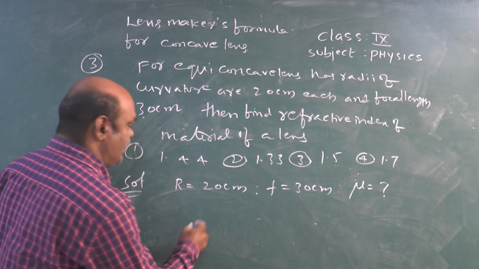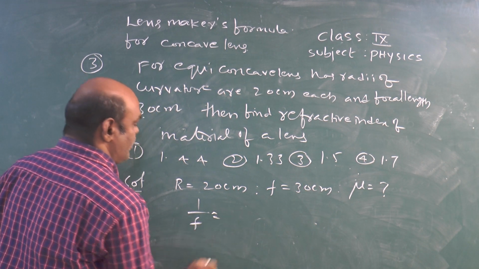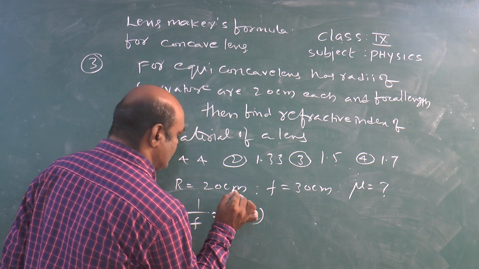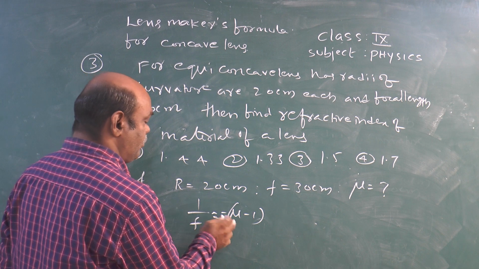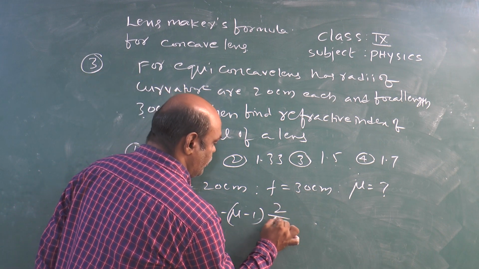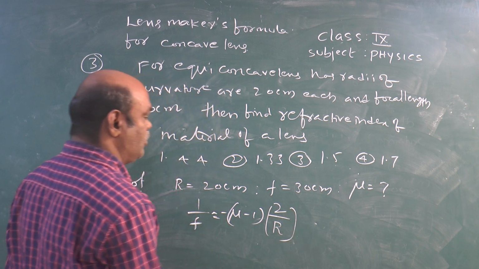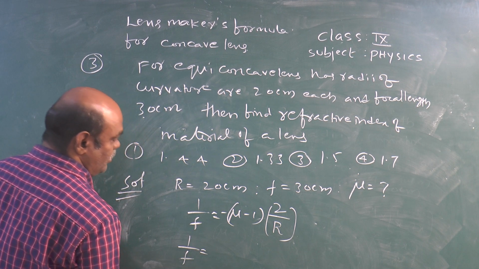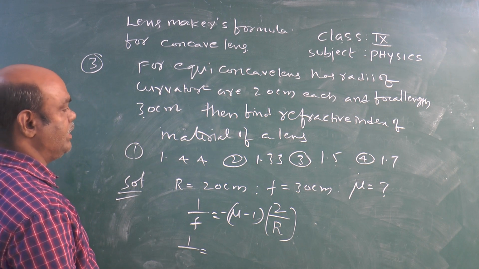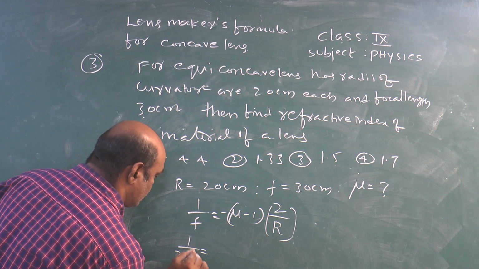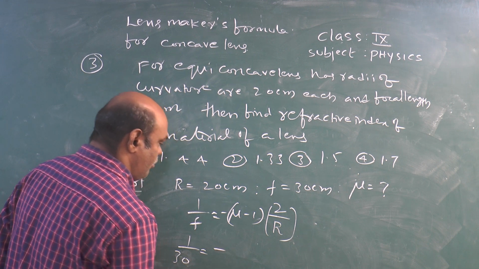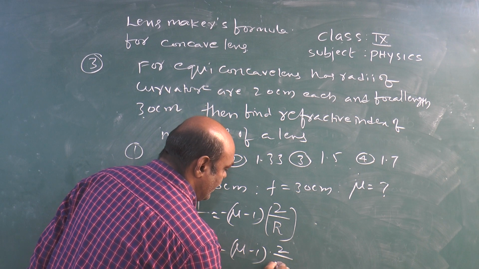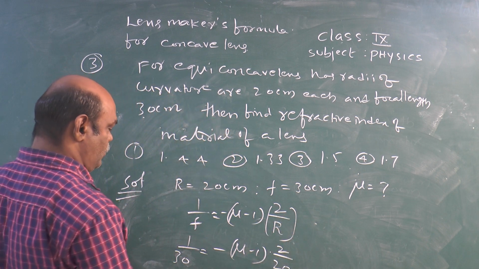So in case of an equiconcave lens, the formula is 1 by F equal to mu minus 1 into 2 by R. So here 1 by F, F value already given, 30. So 1 by 30 equal to minus mu minus 1 into 2 by 20, because R value is 20.